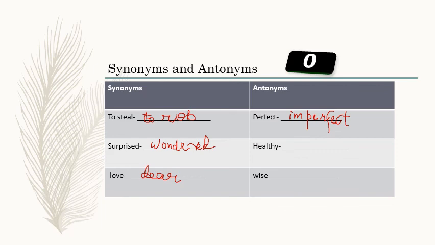This is very easy. This is unhealthy, U-N-H-E-A-L-T-H-Y. Now, last we have is wise. What is the antonym for wise? Wise means intelligent. So what would it be? The antonym would be foolish. F-O-O-L-I-S-H. Foolish.